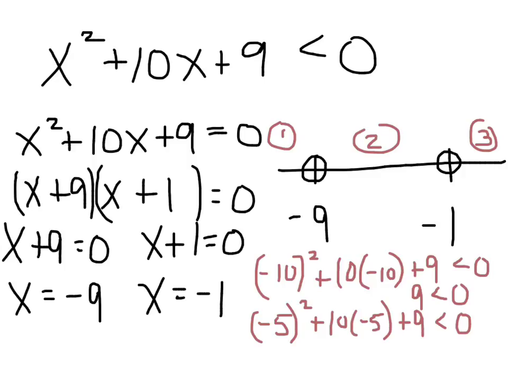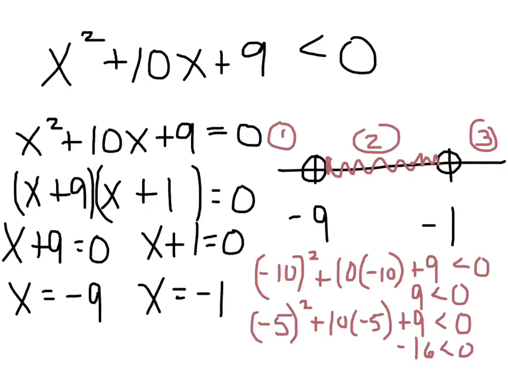What's 10 times negative 5? What's 25 minus 50 plus 9? Negative 16. Is negative 16 less than 0? Yes. If you answer yes to that question, shade. If you answer no, no shade.